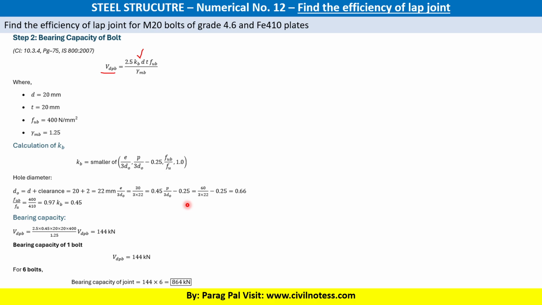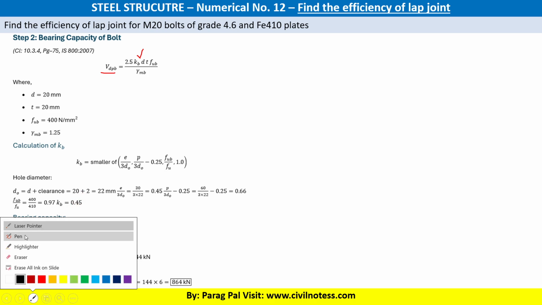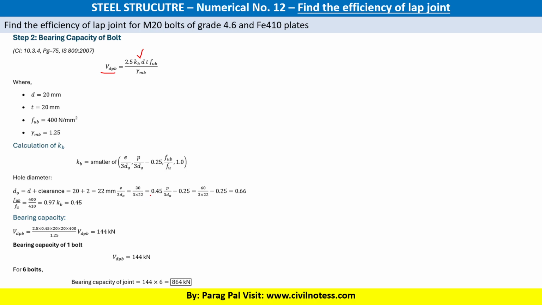For the second fraction we have 0.66, and for the third we have 0.97. So the values for kb are 0.45, 0.66 and 0.97. The least is 0.45, so we consider the kb value as 0.45.